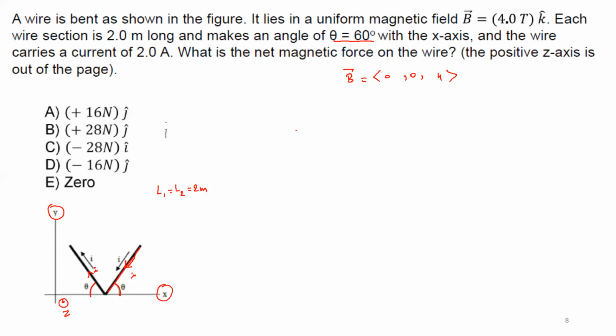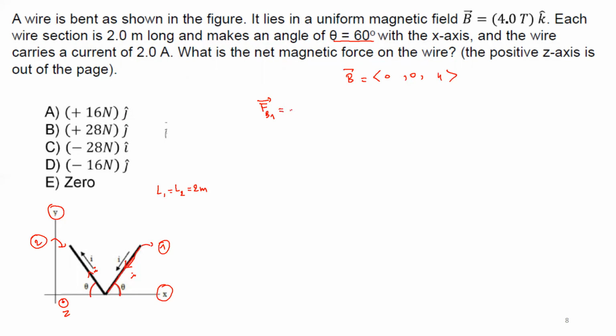Okay, so here I have, let's say, 2 straight wires. I have portion 1, and here I have portion 2. Each of them has a length L1 and L2, which is 2 meters. So let me calculate the magnetic force on wire 1.